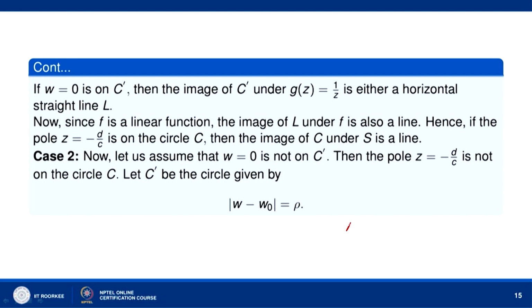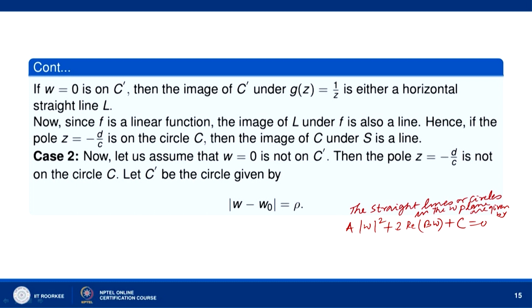Let us say, some real constant A times mod of w square plus 2 times real part of B w plus C equal to 0, where A and C are real constants, A, C belong to R, and B is a complex constant, B belongs to C.